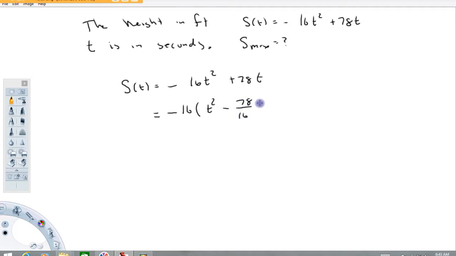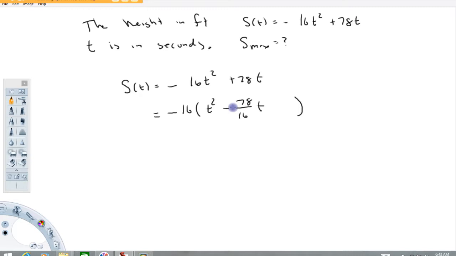We'll just write it like that. I'll make sure I copied that down right. Yep, 78t. Just make sure that when you do this type of factoring, this times this gives you this, and it does.